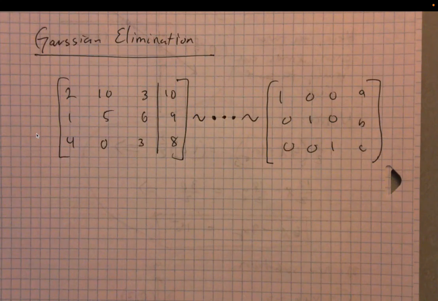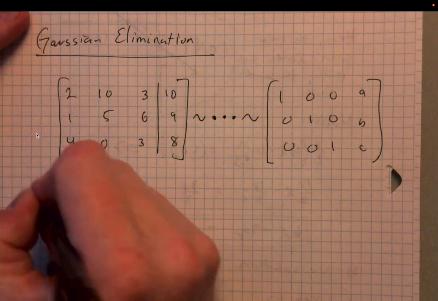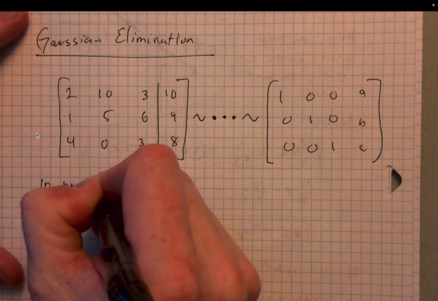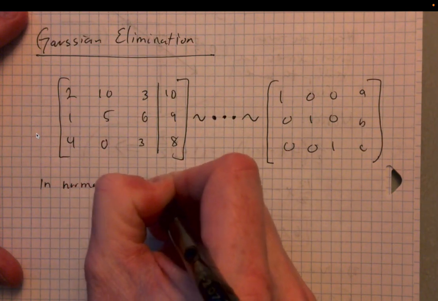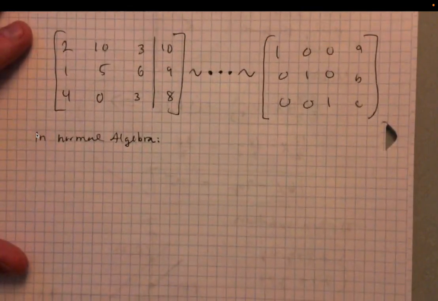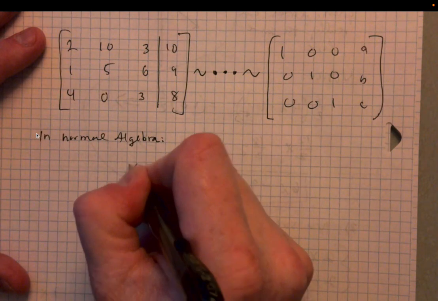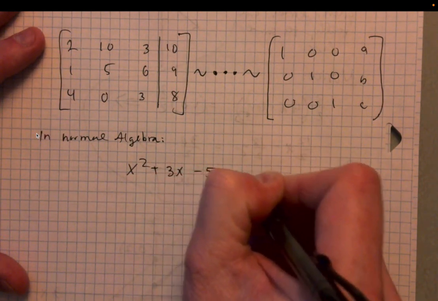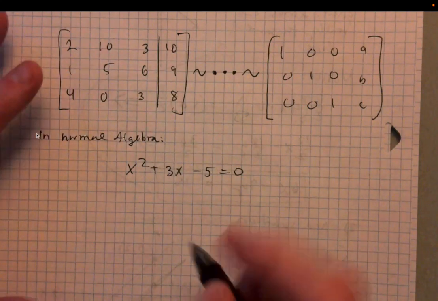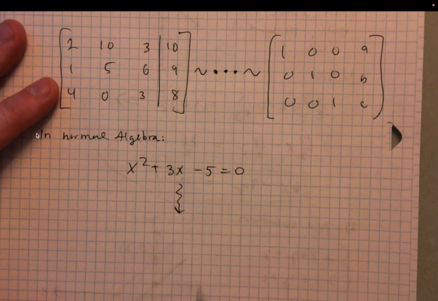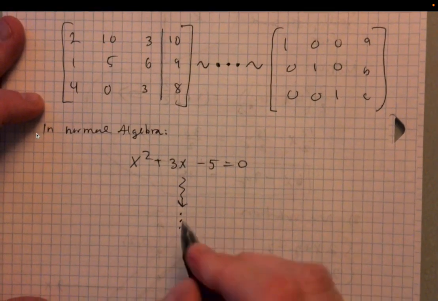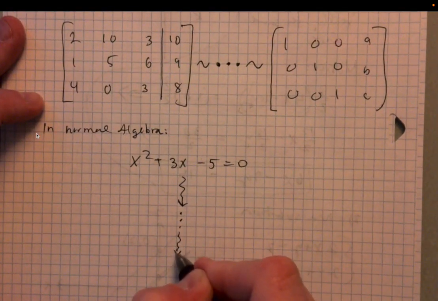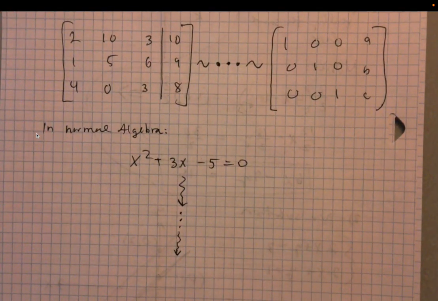In normal algebra, you start with an equation, and you do a bunch of junk to it. You may remember it's called algebraic manipulation: add 5 to both sides, divide both sides by 3, and so on.